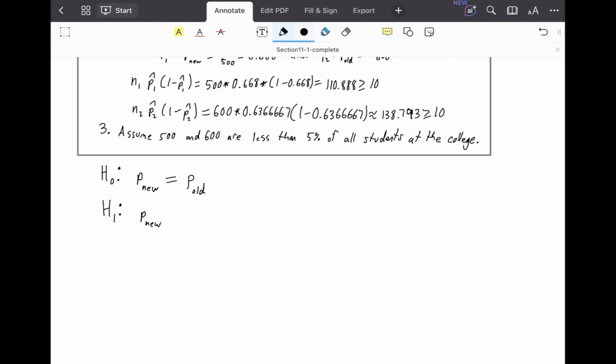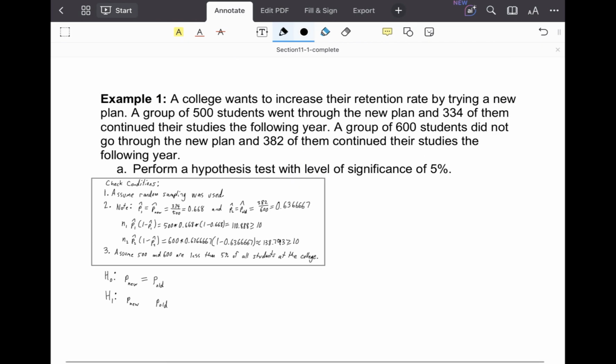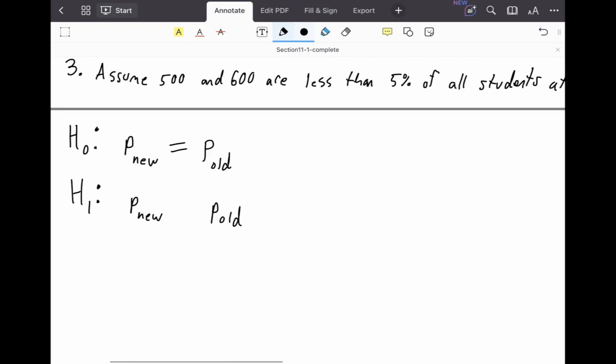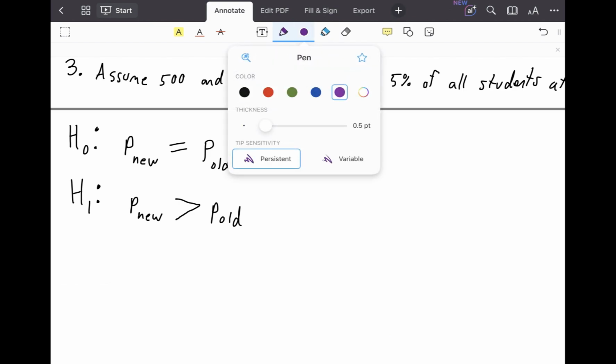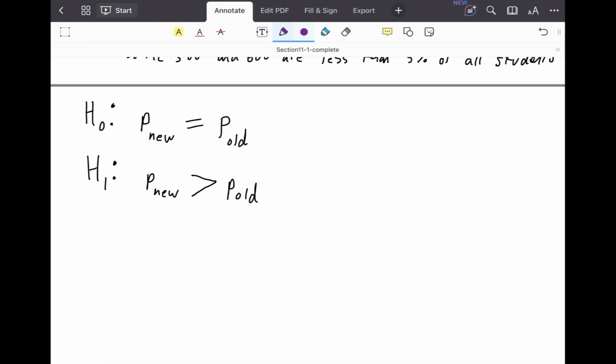So P new, P old, we have to choose a direction. They think the retention rate will increase with the new plan. So we think that the new proportion will be higher than the old proportion. And I just put my greater than symbol between those two.